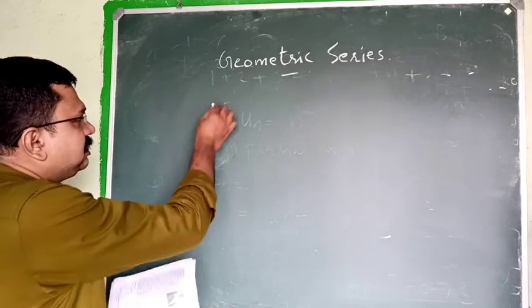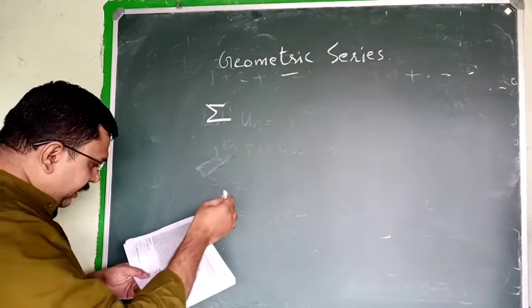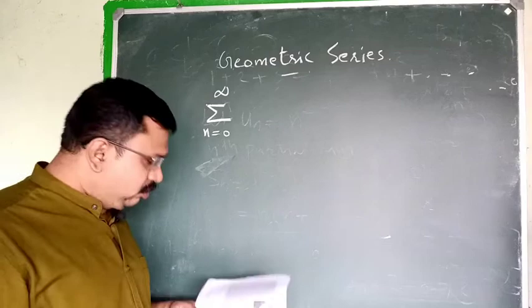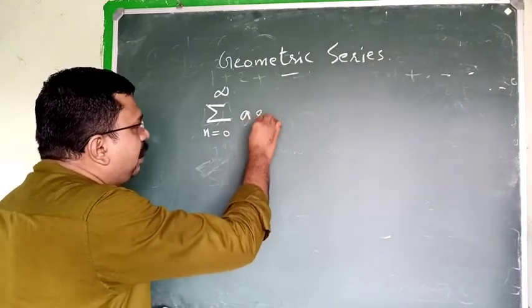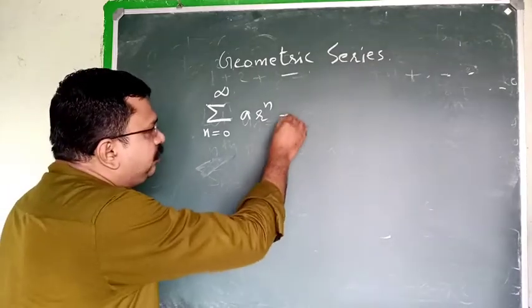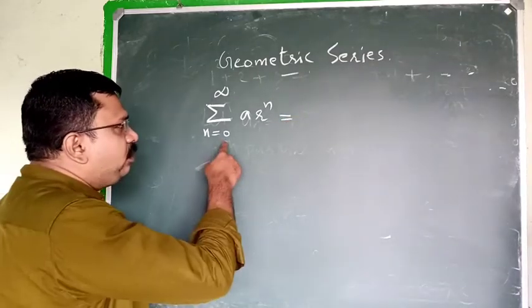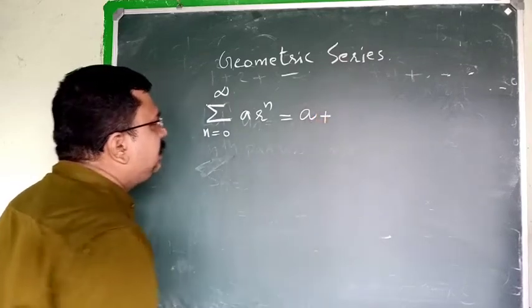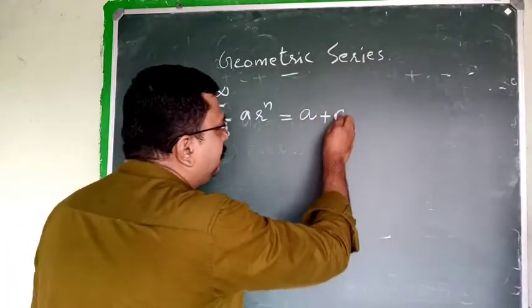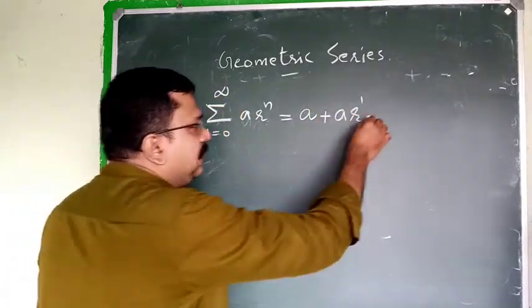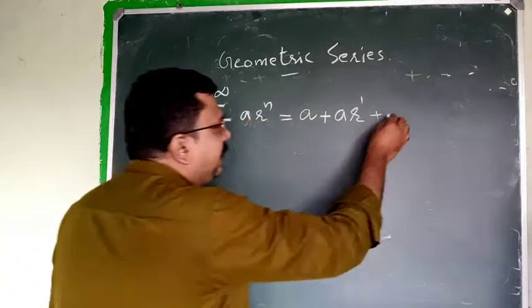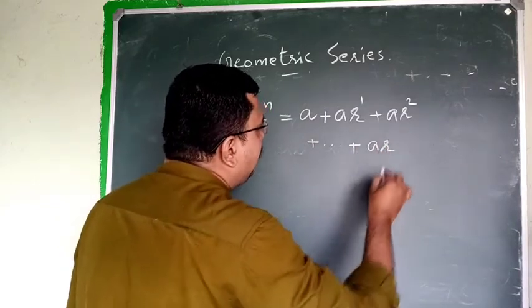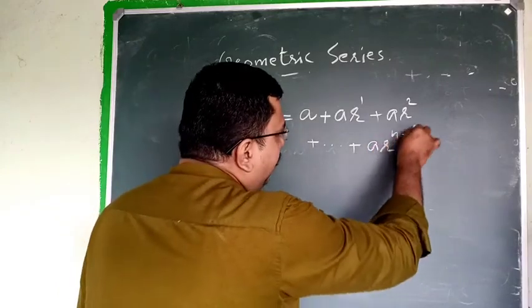The geometric series, sigma n equal to 0 to infinity of a into r raised to n, is equal to, remember that when n equal to 0 it is a into r raised to 0, that is a into 1, that is a, plus the second term, when n equal to 1 it becomes a into r raised to 1, plus when n equal to 2 it becomes a into r square, plus etc., a into r raised to n minus 1, plus etc.